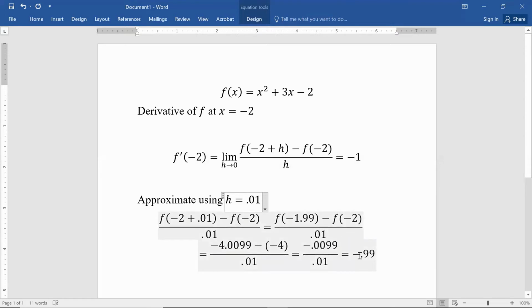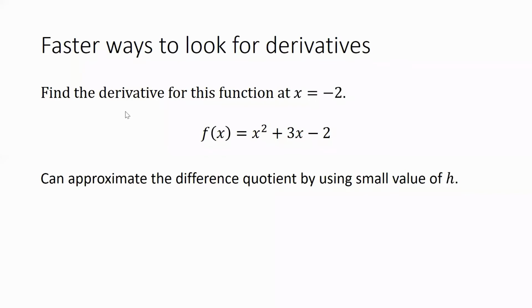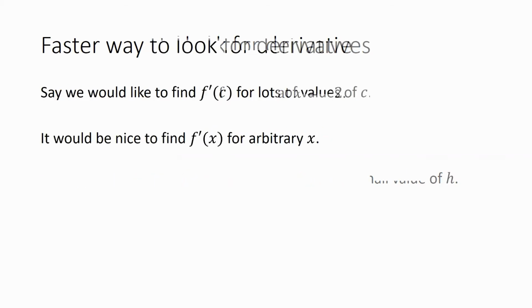And so you could say, well, in between there is -1. So we can always approximate using small values of h. It doesn't give me the exact derivative, but it gives me something that's really close. So that's one faster way to look for a derivative. We get an approximation fairly close.